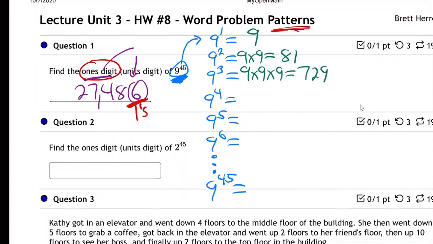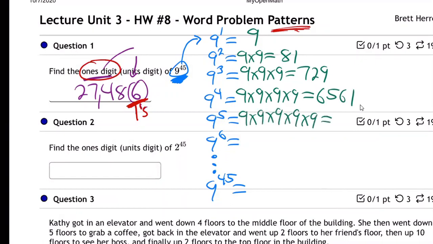Use your calculator. 9 to the fourth power is something big. 6,561. 9 to the fifth power, let's see, multiplied by another 9 is 59,049. 9 to the sixth power, I'll just write the answer is 531,441. Okay, so what good is this doing us?